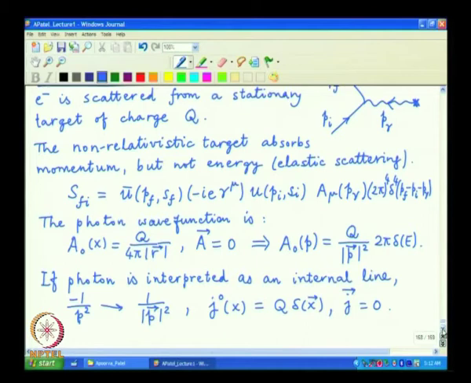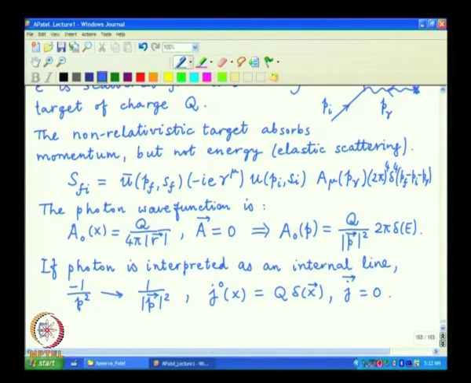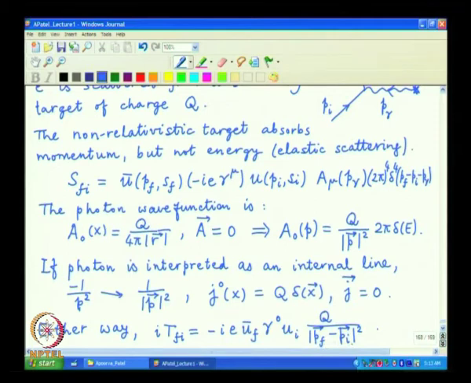So, either way one gets the result that the transition amplitude, which can be written without keeping the delta function along, is minus i e u bar f gamma 0 u i multiplied by q, and then the photon momentum is simplified by the delta function to the difference between the initial and final momentum of the electron.